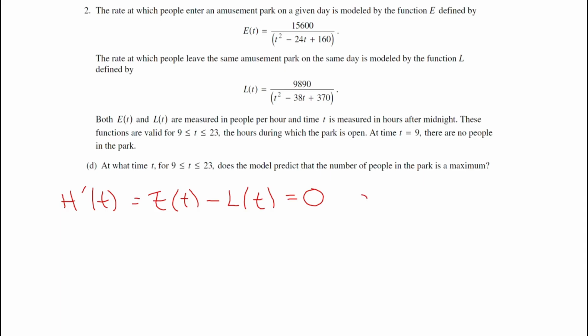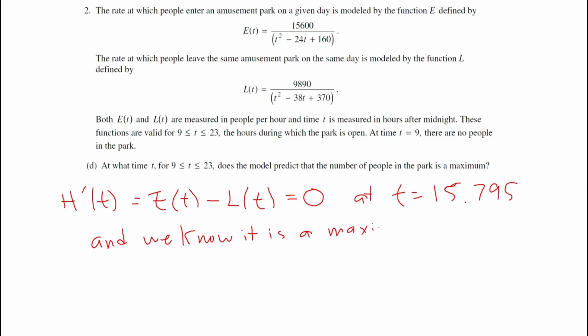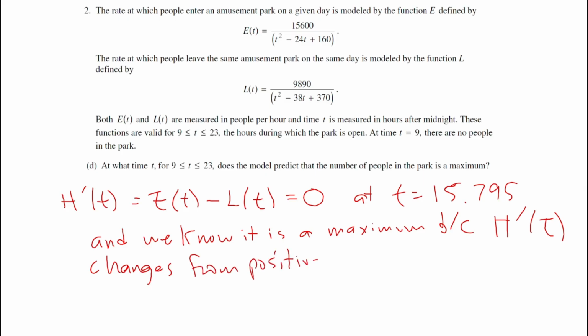And so what we'll do is we'll say at t equals 15.795, we know it is a max because h prime of t changes from positive to negative at that point.